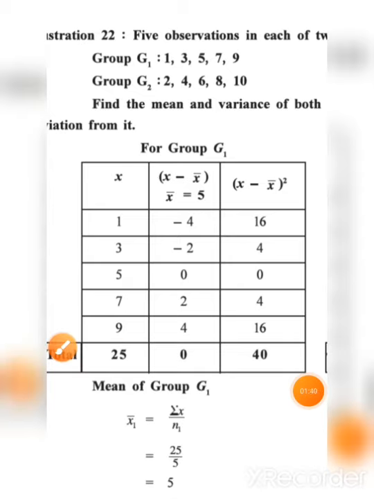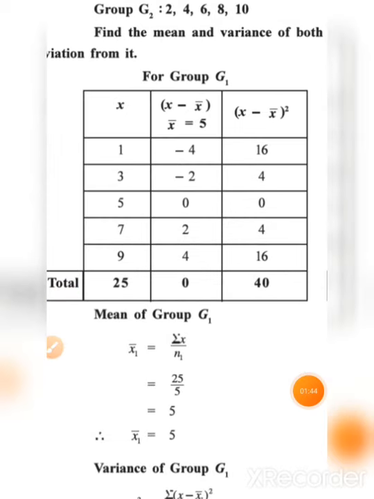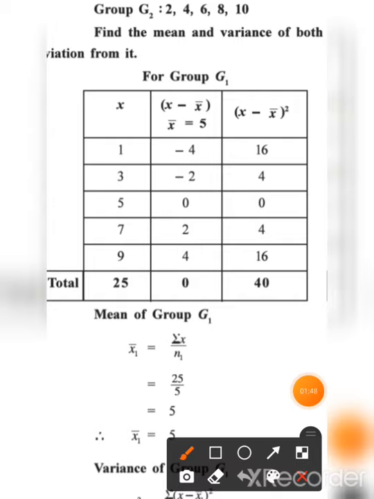So first of all we'll see how we can find the mean. The basic formula for mean is sigma xi upon n1. Over here sigma xi, that is the total of all the observations, is 25. As you divide by 5, the number of observations, you will get your mean as 5.